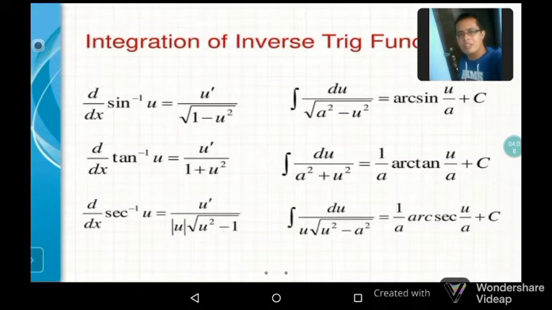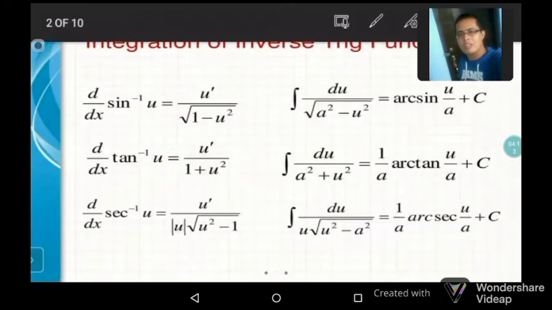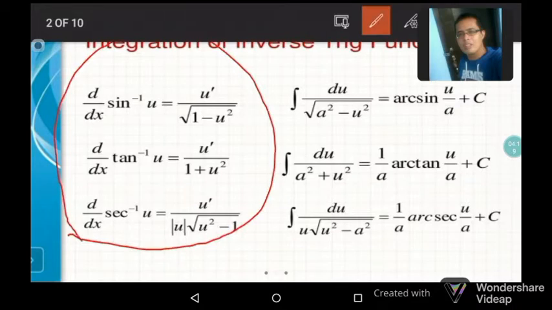So as you can see, on the left side of your table, here are some of the derivative formulas that we used before in finding the derivative of inverse trigonometric functions, diba? As you can see, the first thing is the derivative of arcsine is u prime over square root of 1 minus u squared.